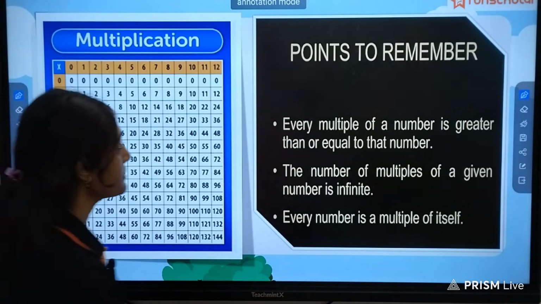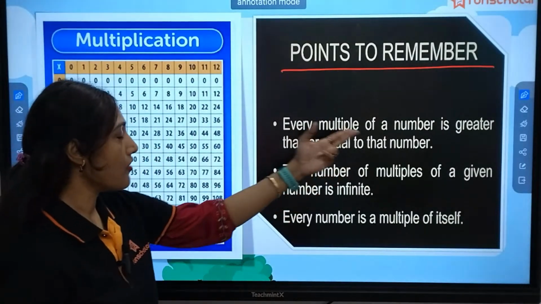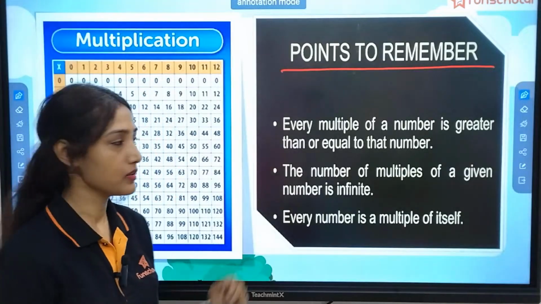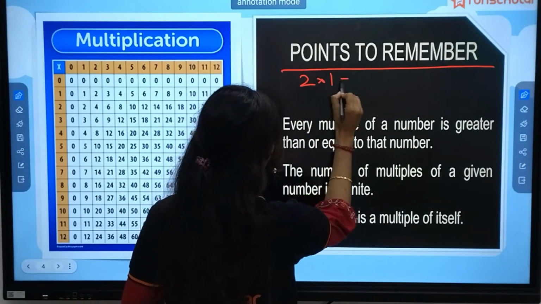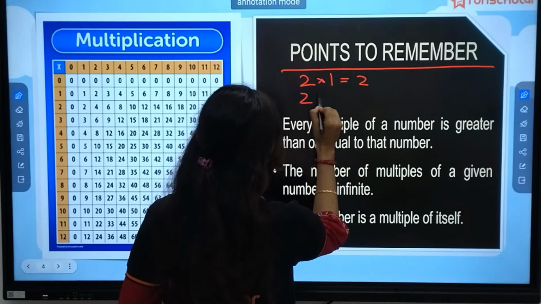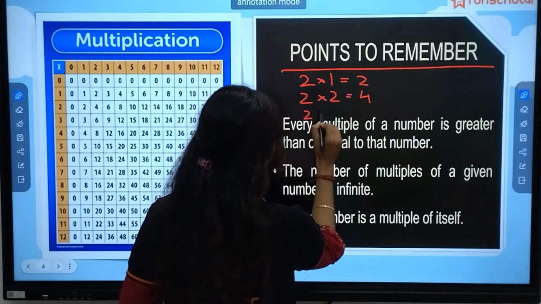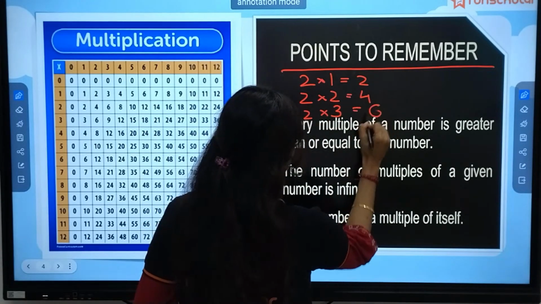Now, next points to remember. Every multiple of a number is greater than or equal to the number. What does this mean? Like 2 into 1 equal to 2, 2 into 2 equal to 4, 2 into 3 equal to 6.